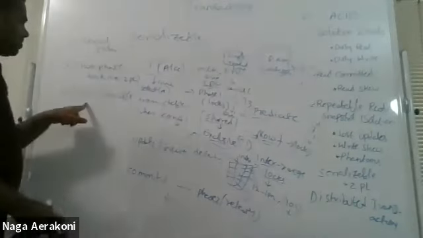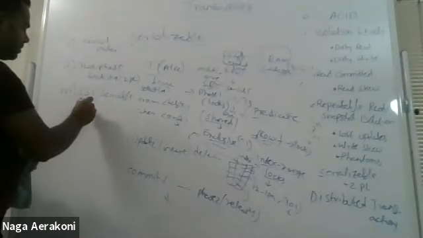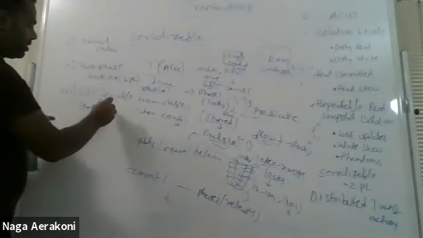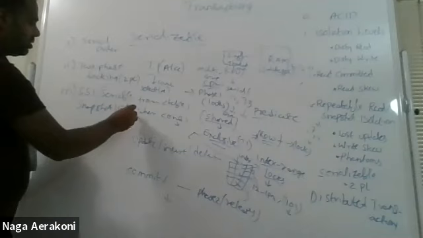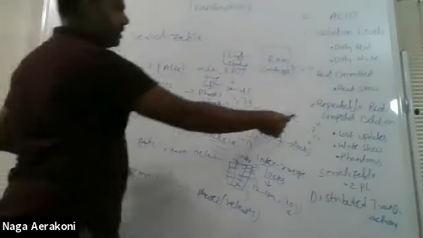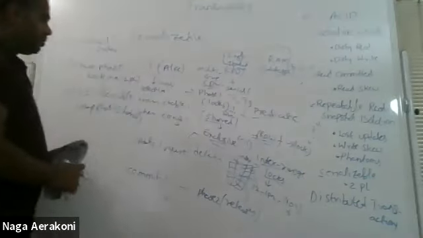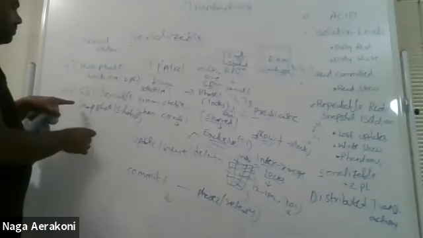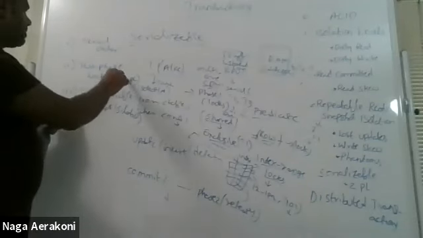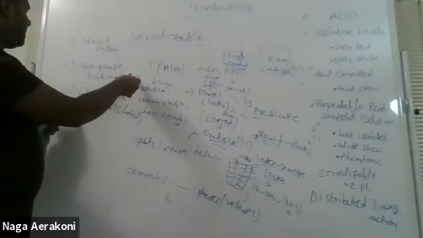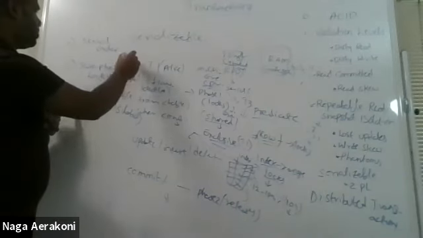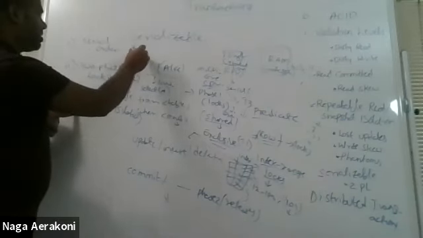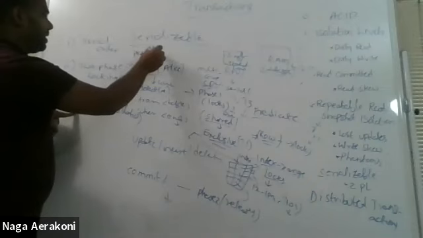Okay, so the last one is, sorry, I think I erased serializable snapshot isolation. This works around the same concept as snapshot isolation, but compared to two-phase locking, which is pessimistic, as I said previously.